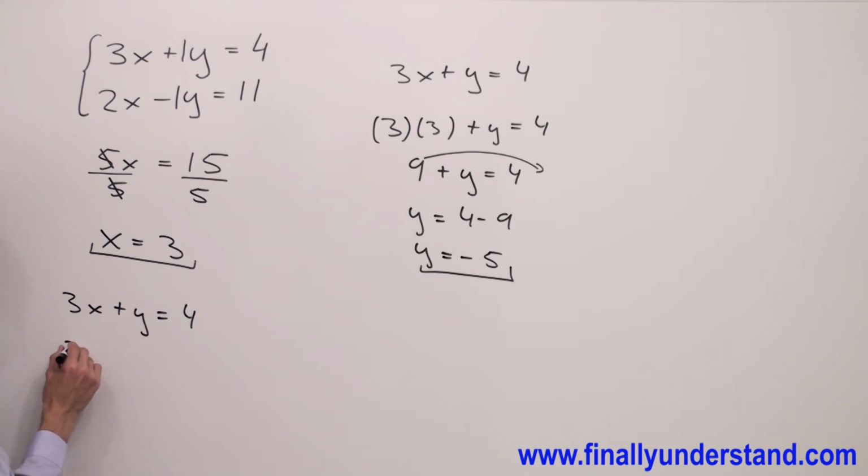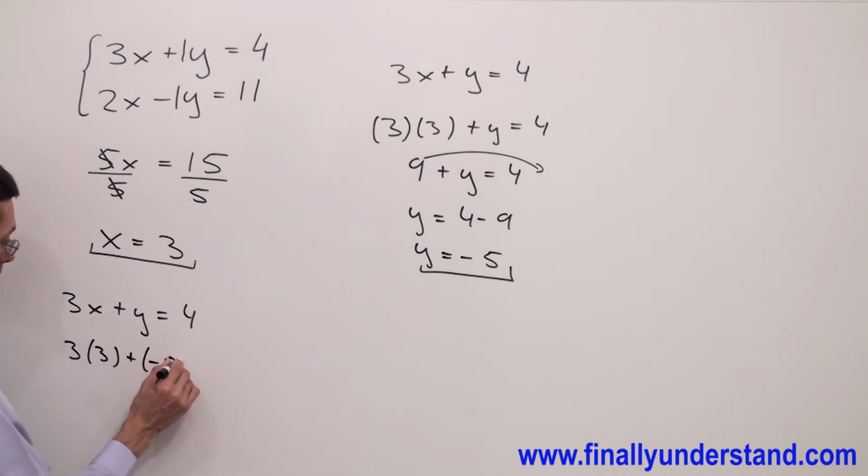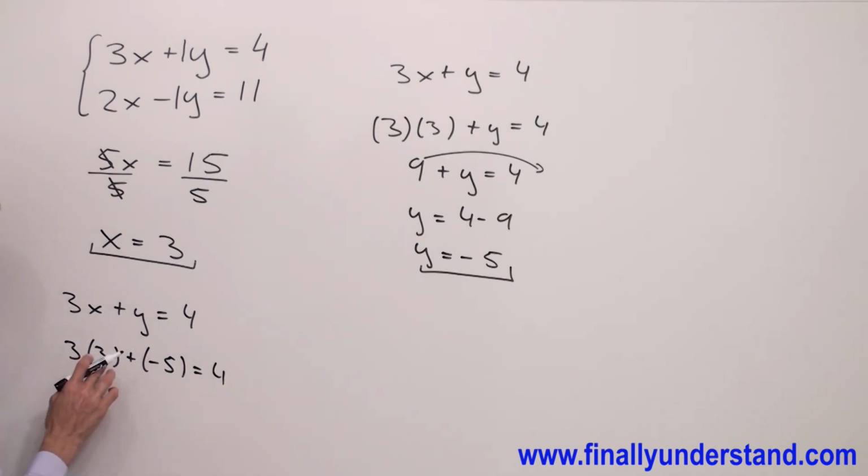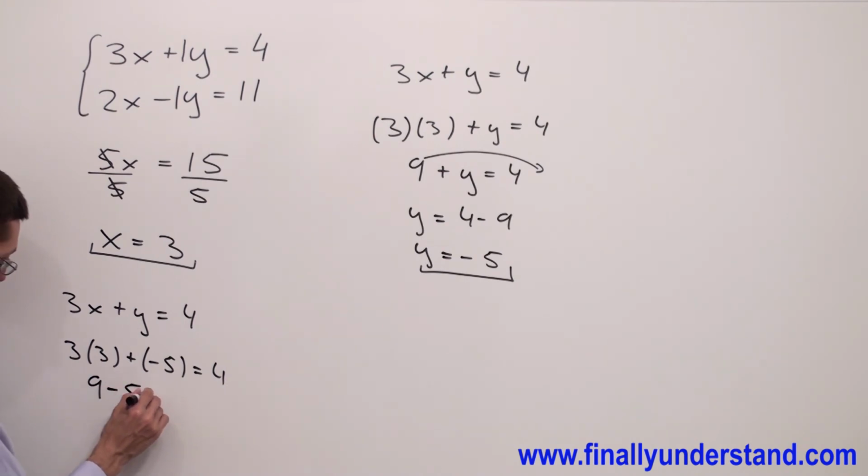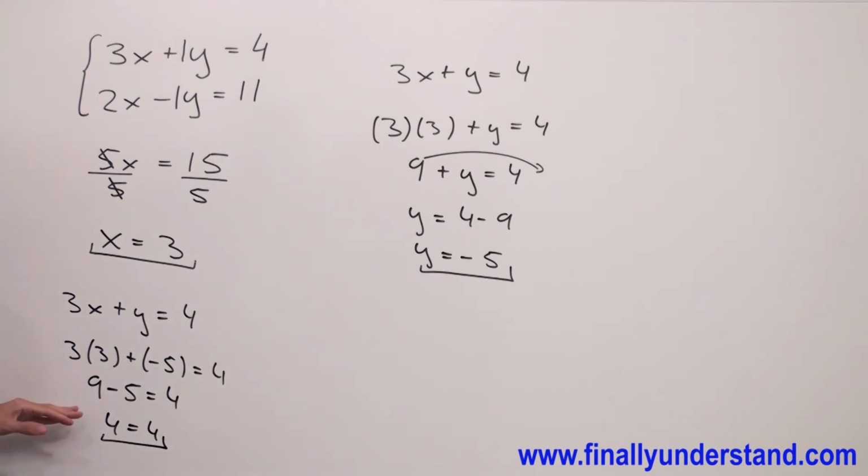So I have 3 times 3 plus negative 5 supposed to equal 4. 3 times 3 is equal to 9. Positive times negative gives me negative, and this has to equal 4. 9 minus 5 is equal to 4. 4 is equal to 4. The left side is equal to the right side. So we proved that the answer is correct.